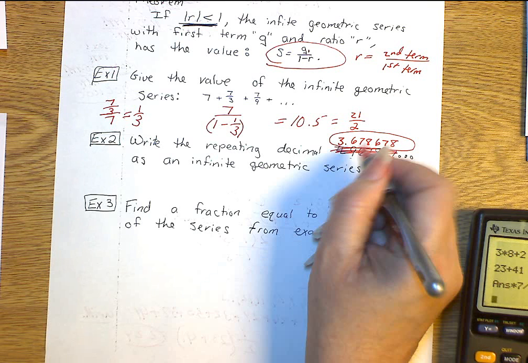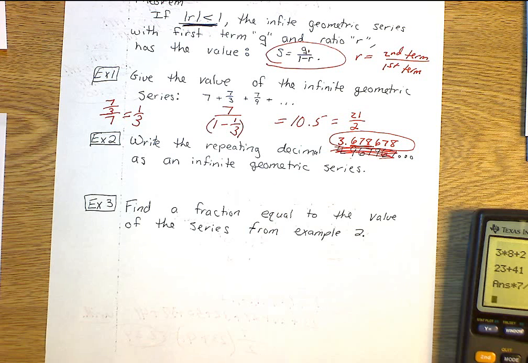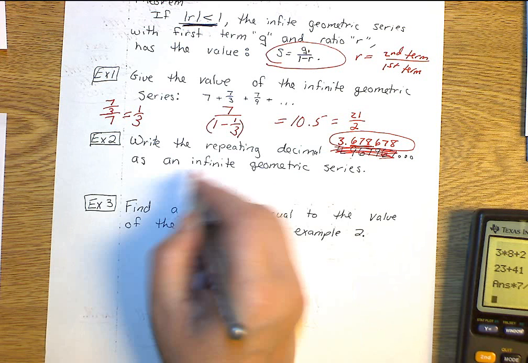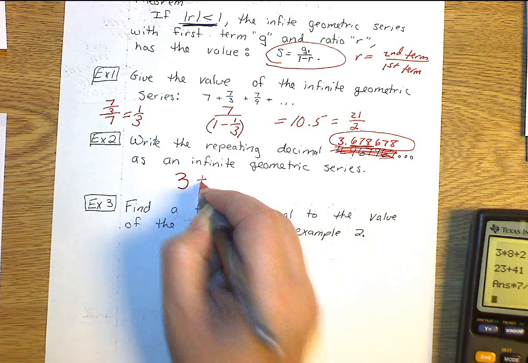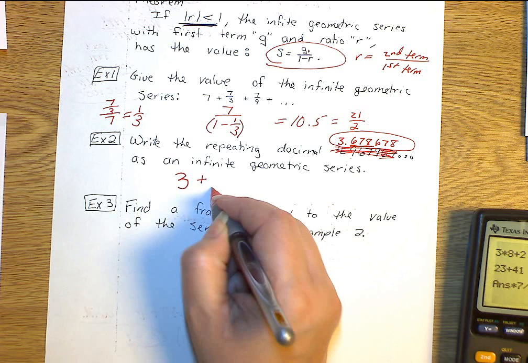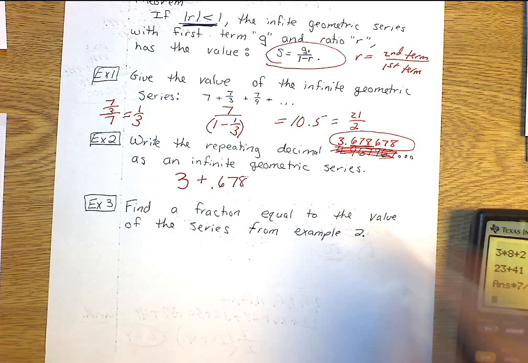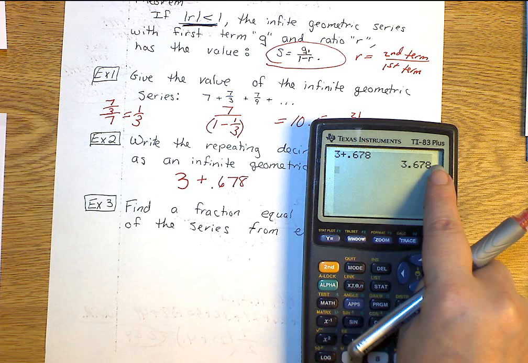678 is right. 678 is my repeating. So the first thing we're going to do is write what's not repeating. So that's the 3. And then we add what's repeating. So we go 0.678. In my calculator, to show you what I'm doing, I went 3 plus 0.678, which gives me 3.678. Hopefully you agree with that. But now I want 678 to be behind it.